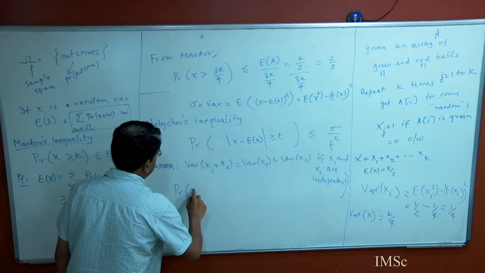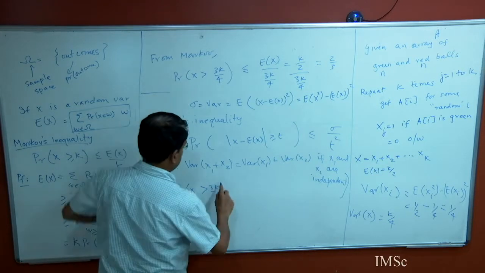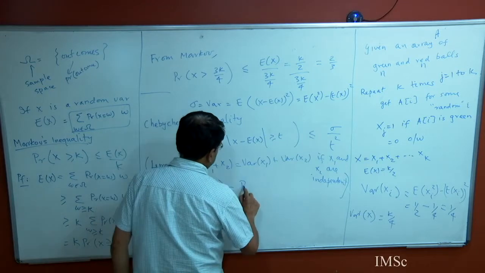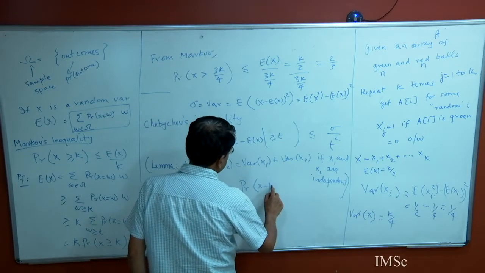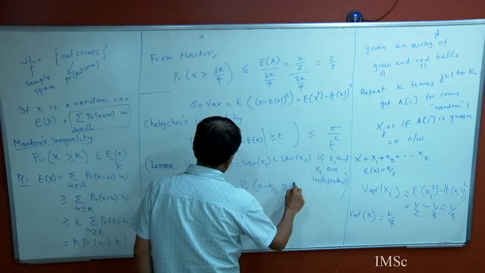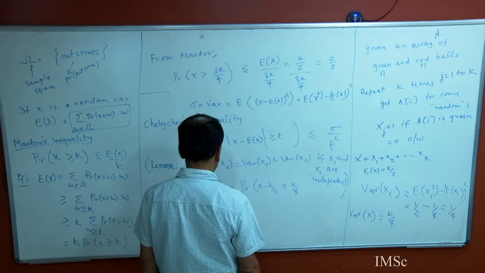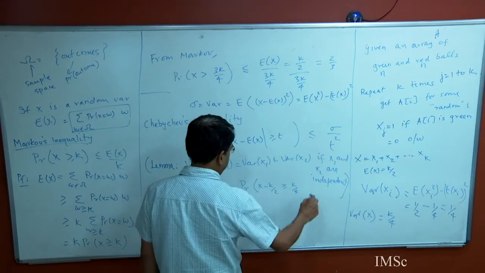So the probability that x is greater than 3k by 4 is what I'm interested in, which is equal to the probability that x minus k by 2, because that's the expectation, is greater than or equal to k by 4, right?